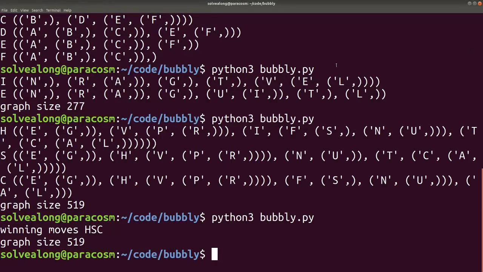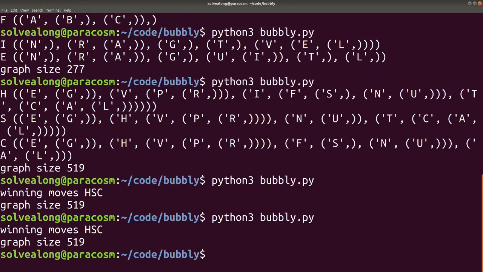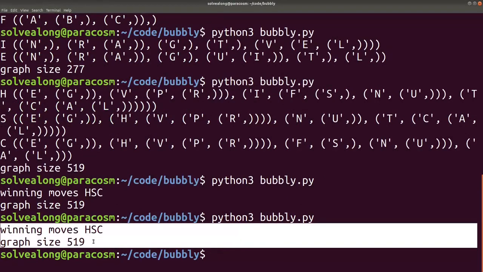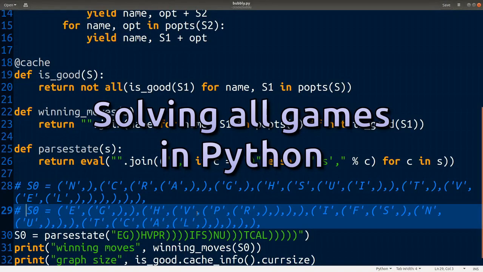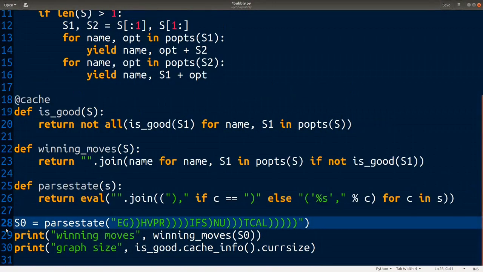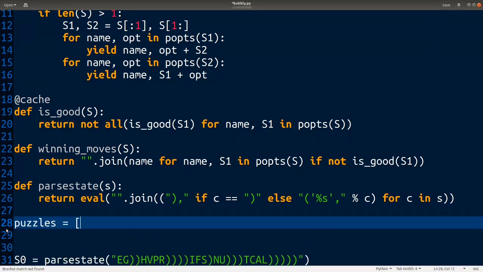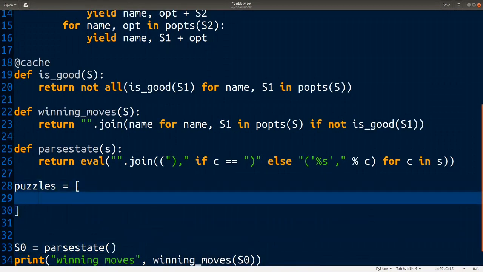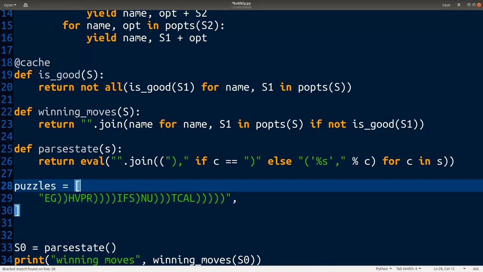Okay. I got the same result. This looks pretty good, so I'm going to guess that this is correct. Then I should be able to input the rest of the puzzles without too much trouble.